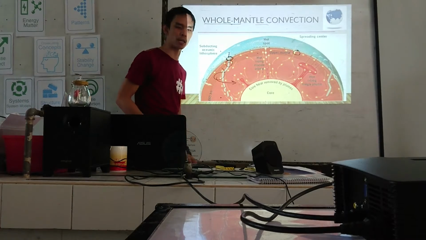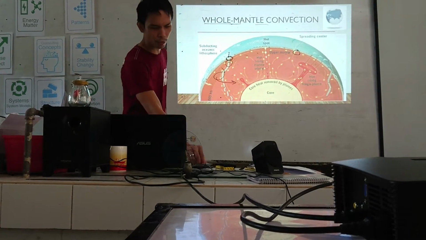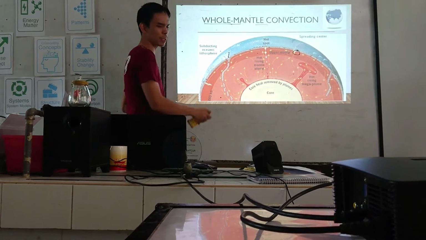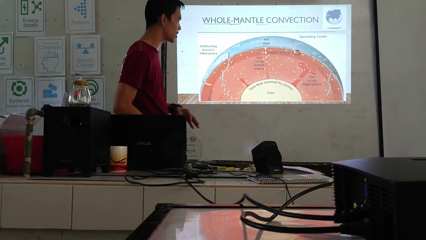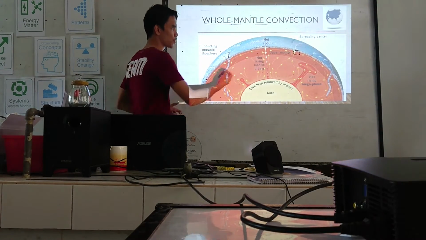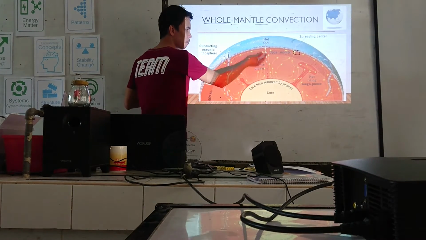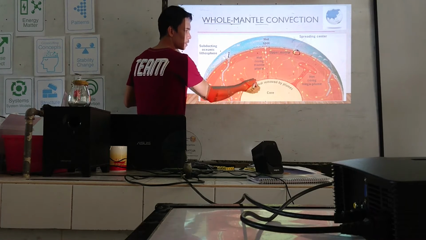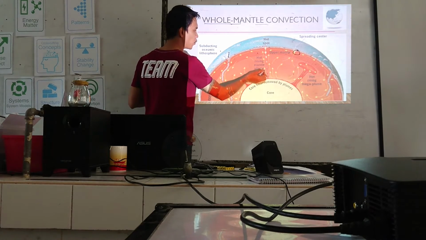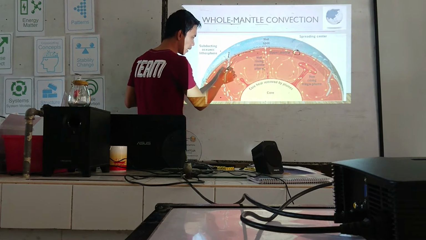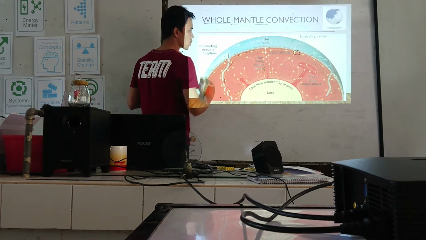Alright, next one is the whole mantle convection. In the whole mantle convection, the difference from layering is that the whole mantle itself is moving. As you can see, this convection, or the movement of the fluid, comes from the core. The core heats the fluid and it becomes less dense, then it cools down and becomes more dense, and so forth.